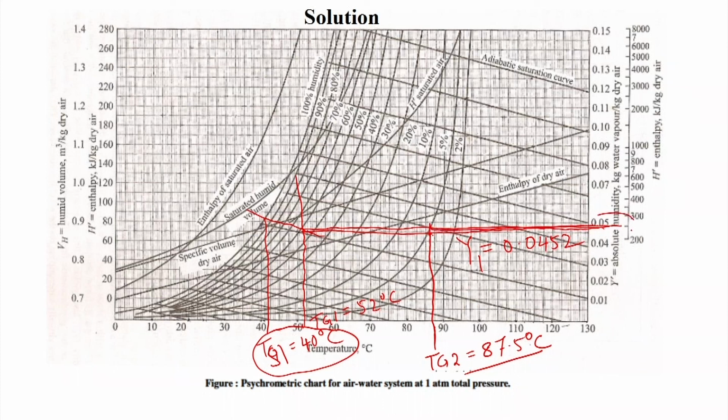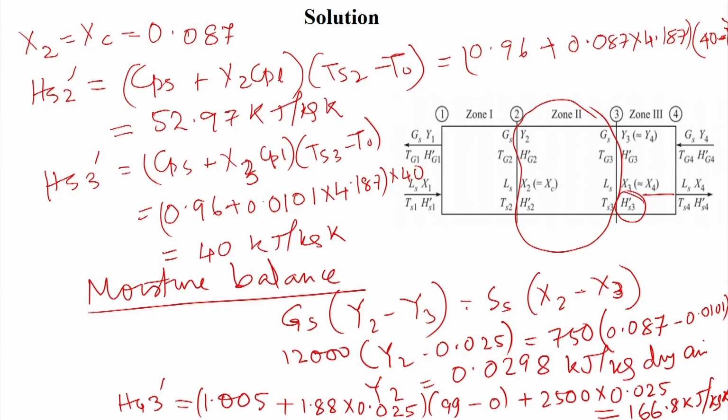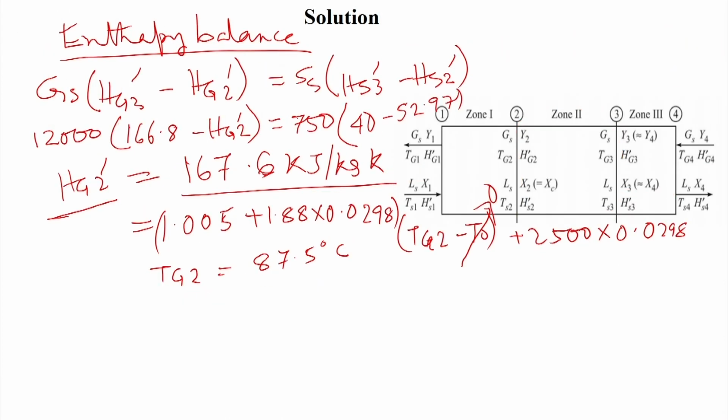It will be like this. So, Ys will be equal to say 0.05. Okay. Now, we need to get this T2, the time required to dry in the second zone.